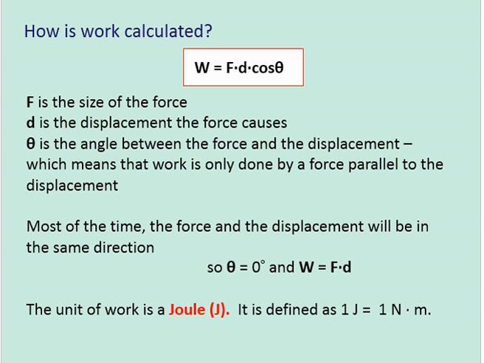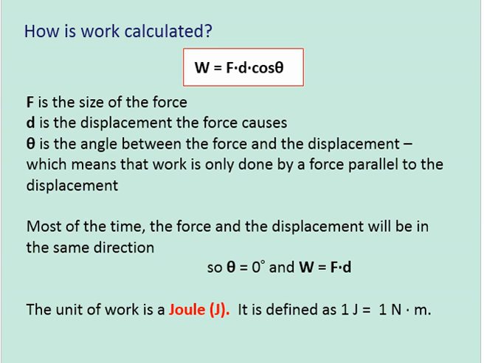Most of the problems that we look at, the force is going to cause the displacement parallel or in the same direction as the force, which means the angle between the force and the displacement is 0. And if you remember, the cosine of 0 degrees is 1. So that would simplify our equation to work equals force times displacement.